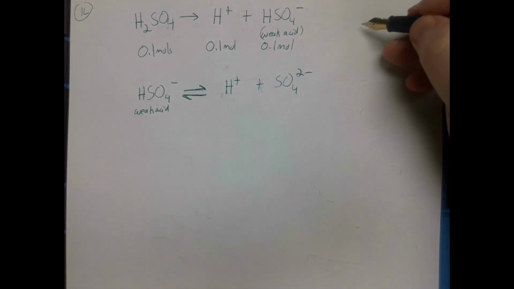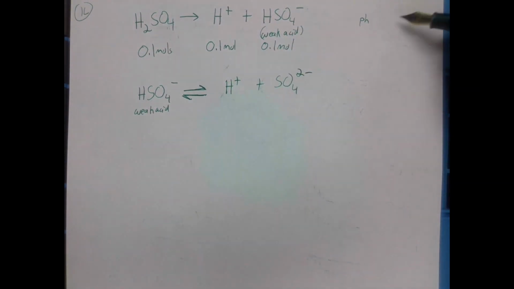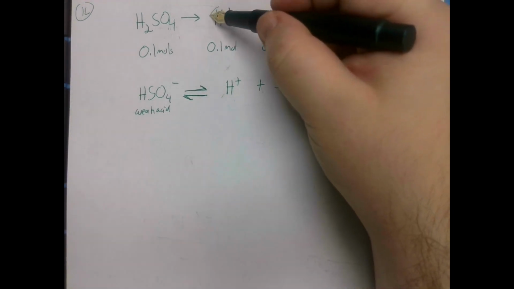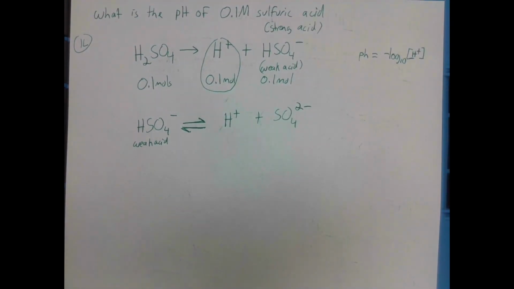And to figure out pH, we need to know the final concentration of H plus ions. pH is equal to negative log base 10 of the concentration of H plus ions. We know how many initial ions we get just from sulfuric acid. But, and I believe that's pronounced bisulfate is one pronunciation of it.